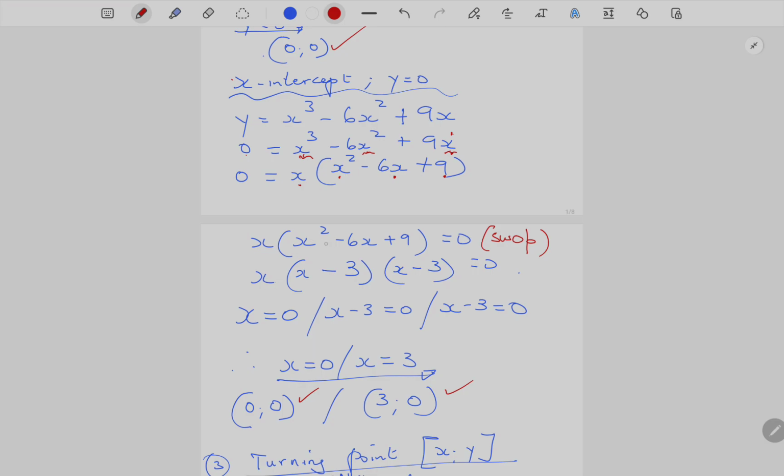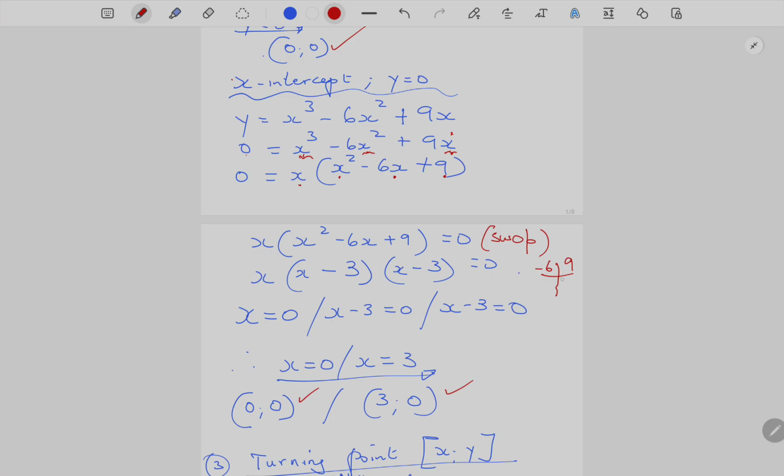Now let's factorize what is inside the bracket. So we've got this x, that was the common factor. Then inside the bracket, x squared minus 6x plus 9. Then we want two numbers. When we multiply, they give us 9. The same numbers when we add, they give us negative 6.